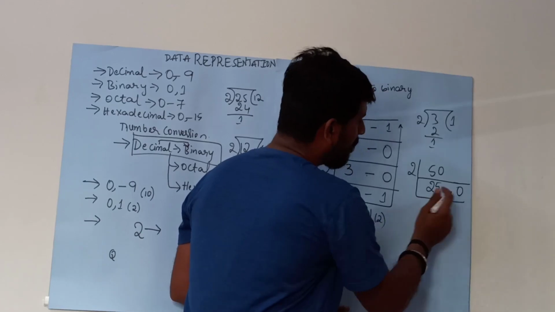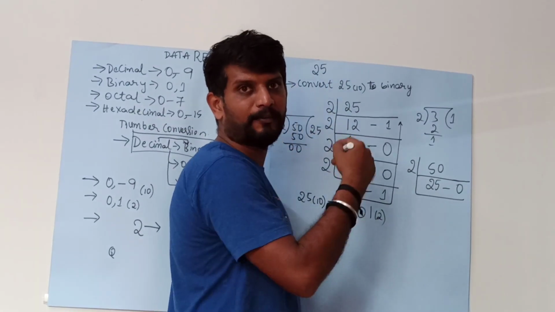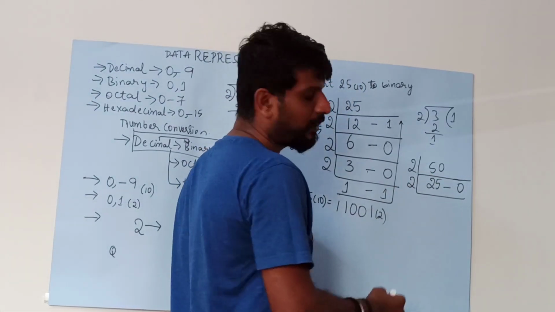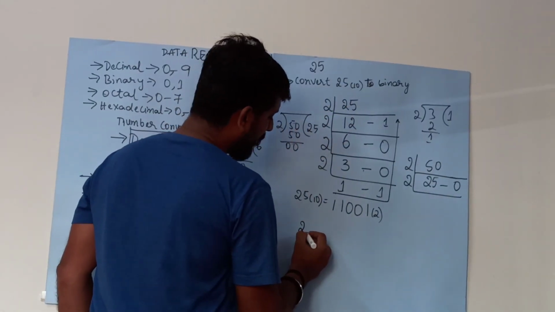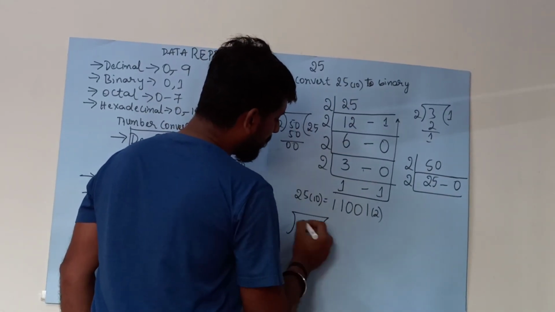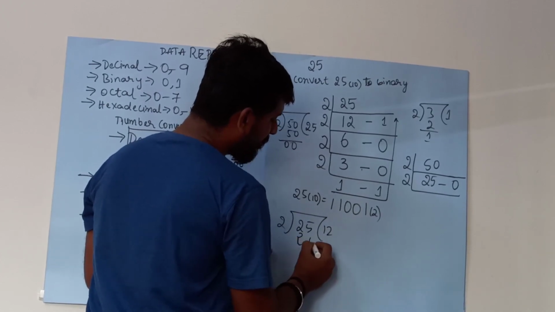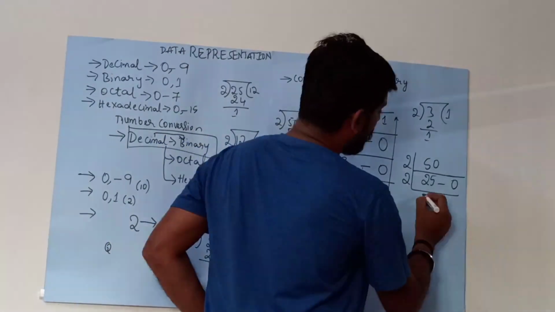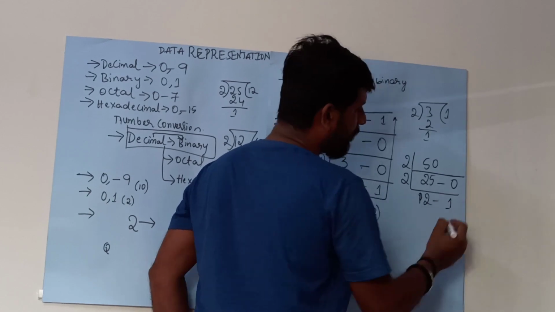Next, you got 25. You have to divide it again by 2. 2 12s are 24, the remainder will be equal to 1.